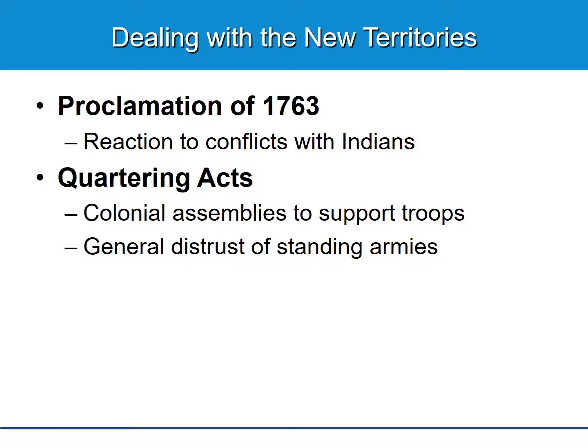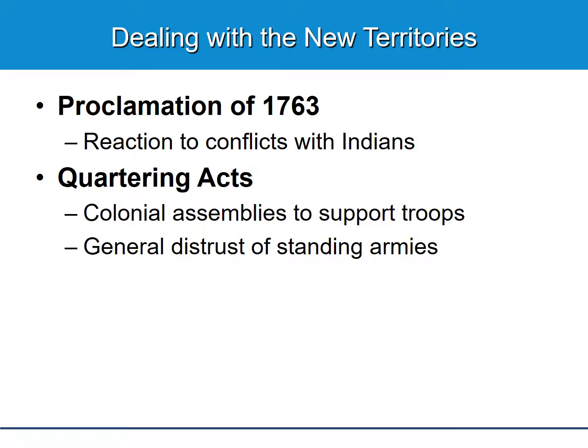Also, because the British have a lot more territory to look after in the New World now, they're going to pass a series of acts known as the Quartering Acts. Now, the Quartering Acts are something that I found through the years that many students don't quite understand. Quartering Acts were actually very common.